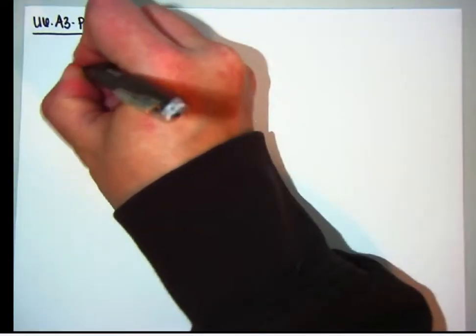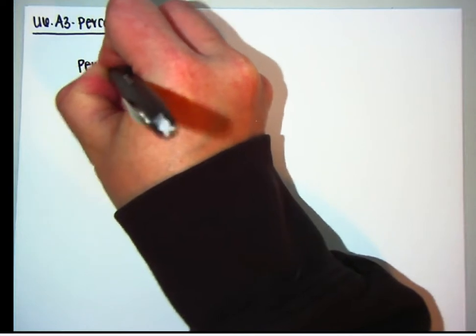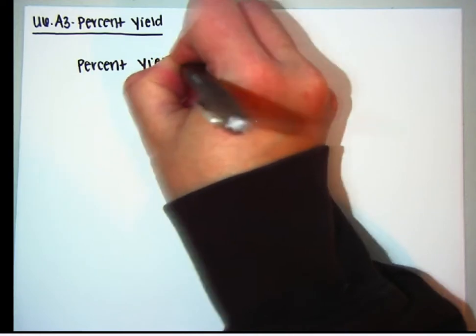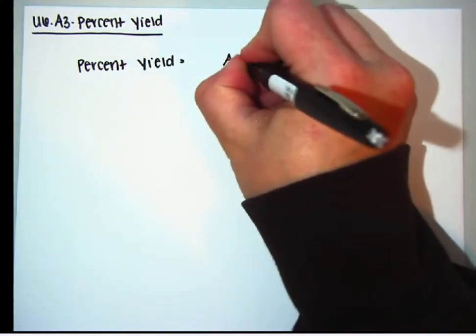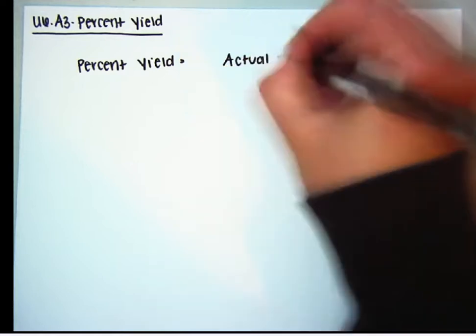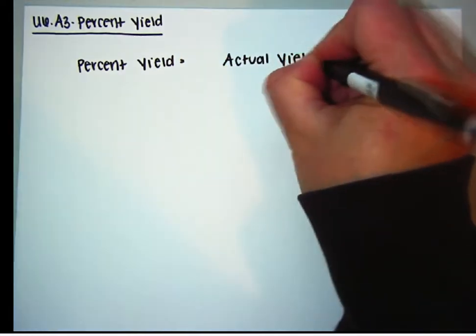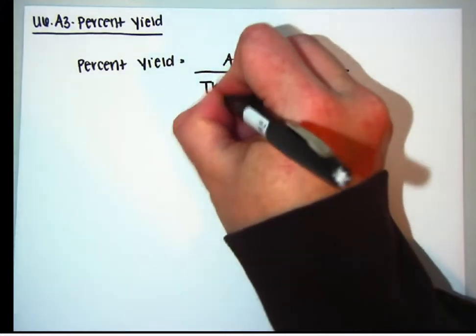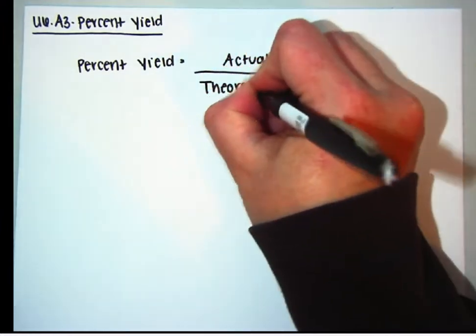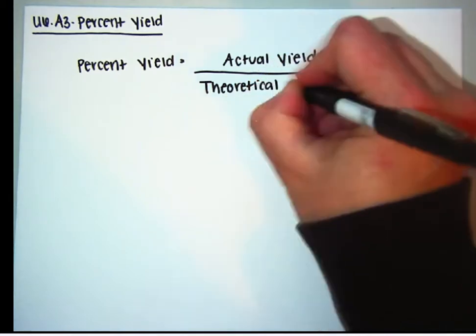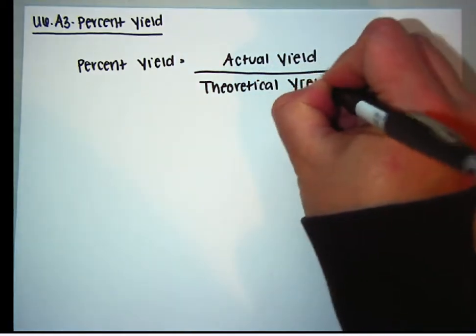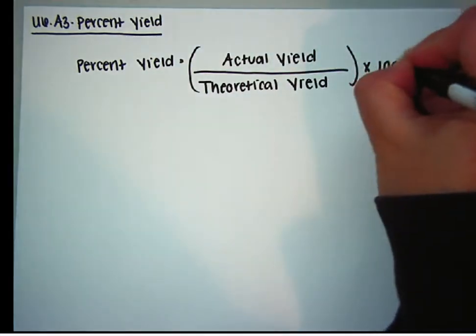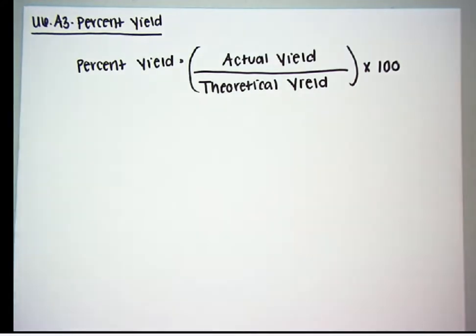And the equation that we're going to use is the percent yield is equal to the actual yield divided by the theoretical yield, and then to get it to a percent, we're going to multiply by 100.